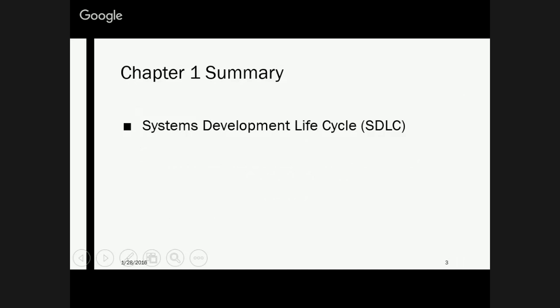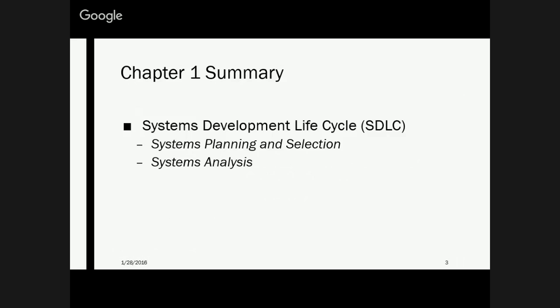Okay. So we talked about that systems development life cycle. Planning and selection, system analysis, system design, system implementation. So the four steps we go through with that life cycle. The chapters from now on, we're going to dig deeper. Today, we're going to talk largely about sources of software to put together for a system.